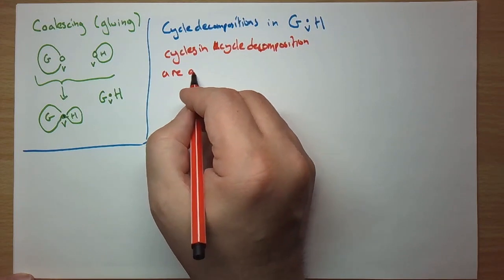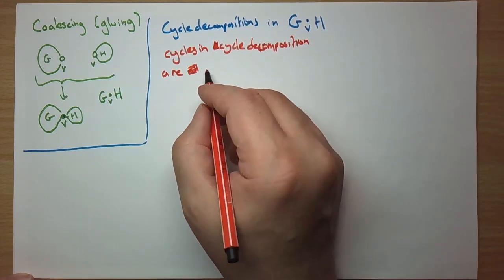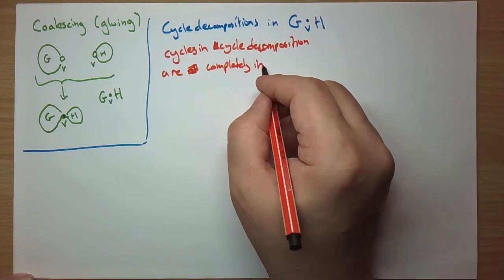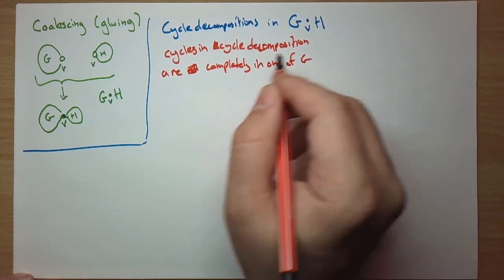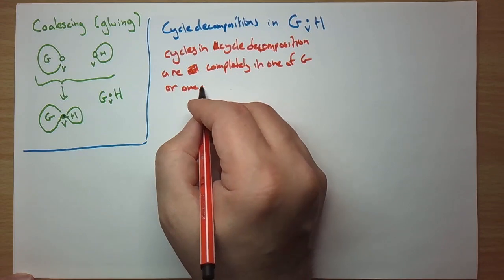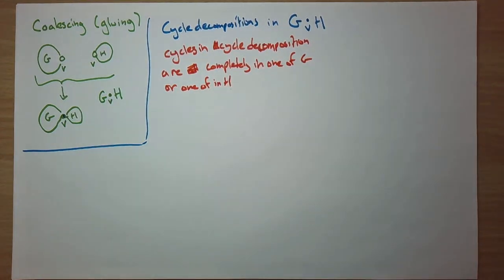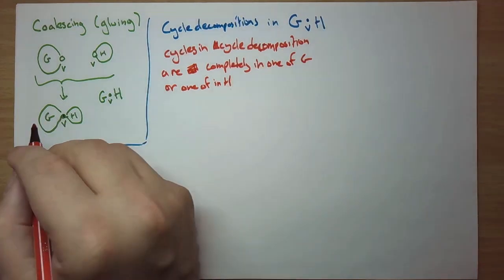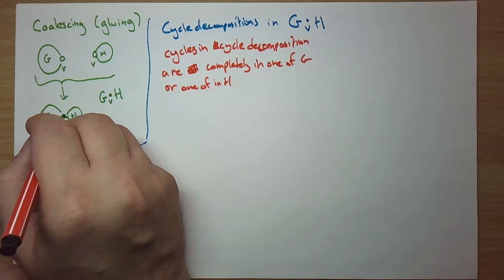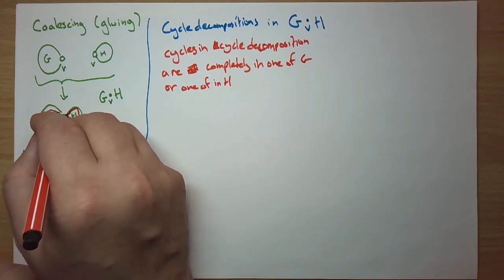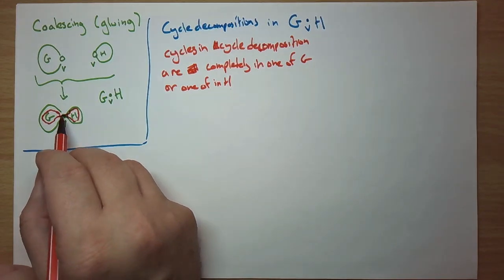They are completely in one of G or one of H. Now that's not to say that all the cycles are in G and all the cycles are in H. It could be that some cycles are in G, some cycles are in H, but as was pointed out, we don't have any cycle that spends some time in G, then comes back and spends some time in H, because that's not a cycle.